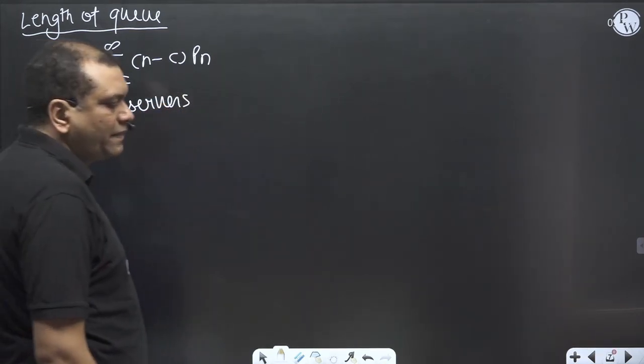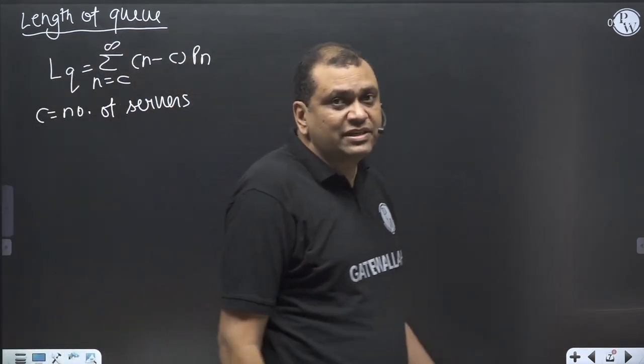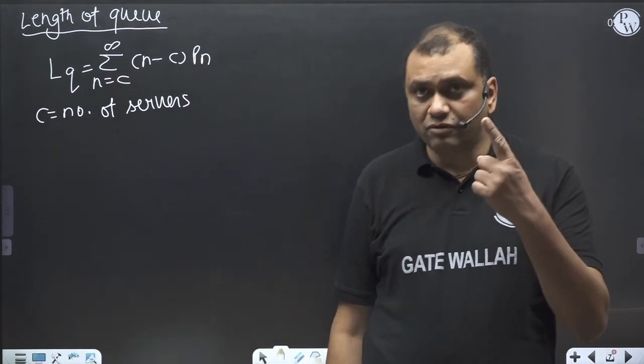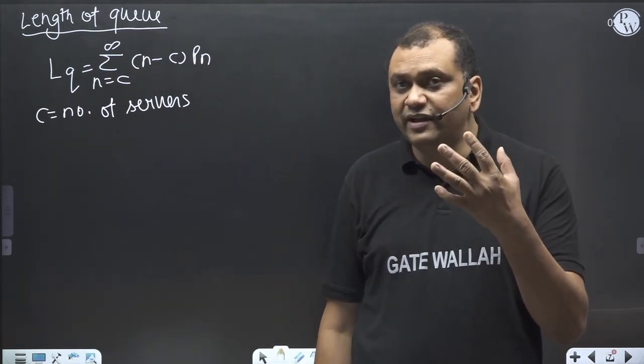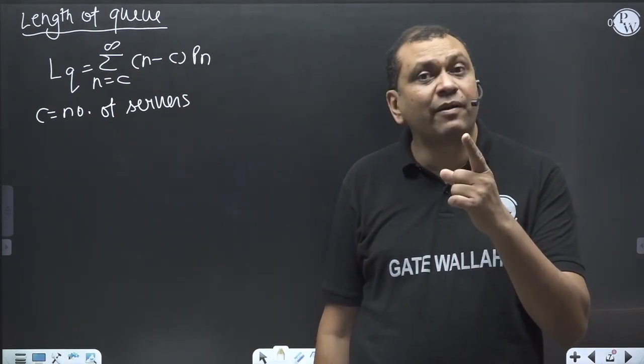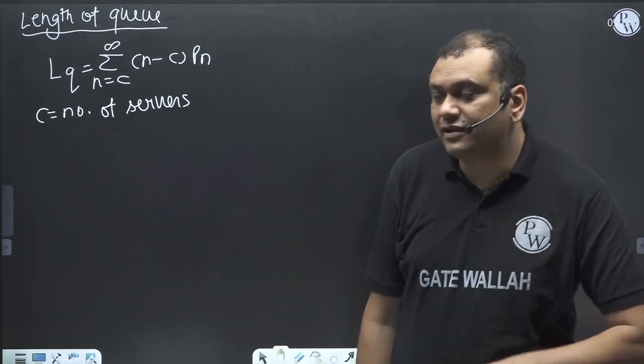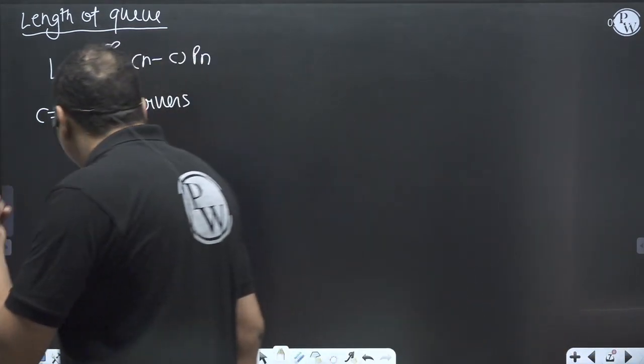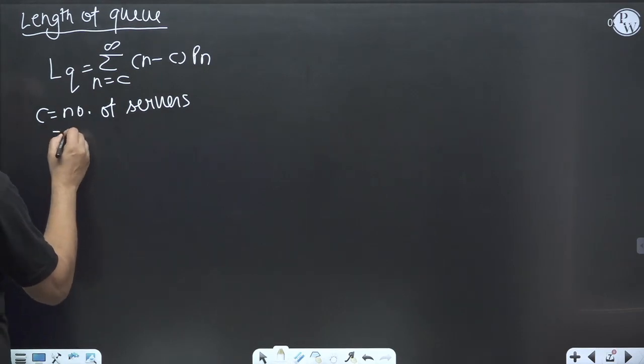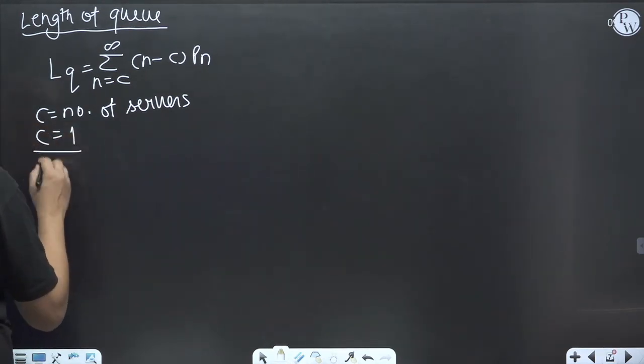And how many servers are there in this problem? One, because we are discussing single server problems. There is only one server. So C is equal to 1 here presently.